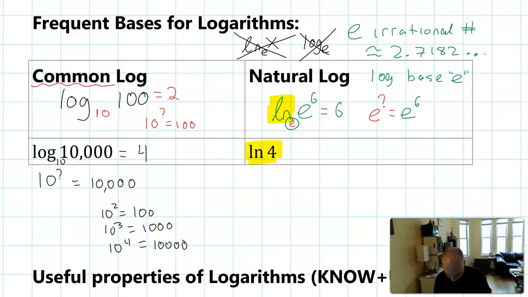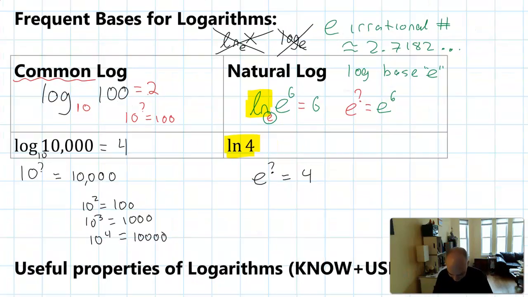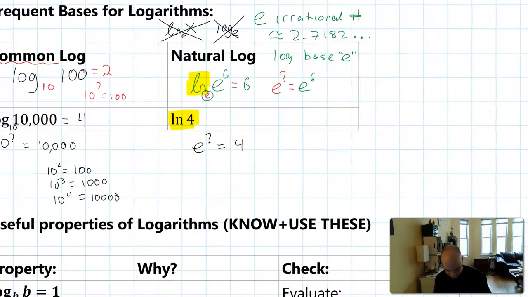So natural log of 4. Let's put that to the test. This is saying e to the what equals 4? Now, 4 is not a nice tidy power of e, so it might be hard to find this, but we can explore a little bit because we know e is basically 2.7. So I'm really asking 2.7 to the what equals 4?